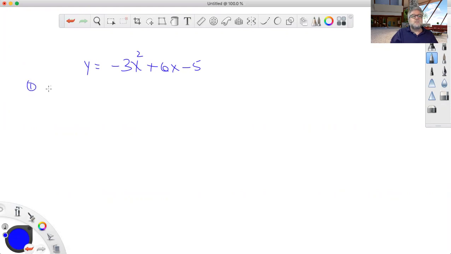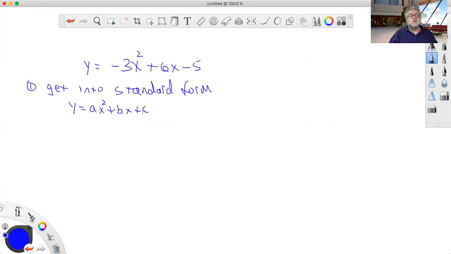Number 1, get into standard form. That means y equals ax squared plus bx plus c. So you see I'm creating a list of steps, a process, so that every one of these kind of problems looks the same to you.